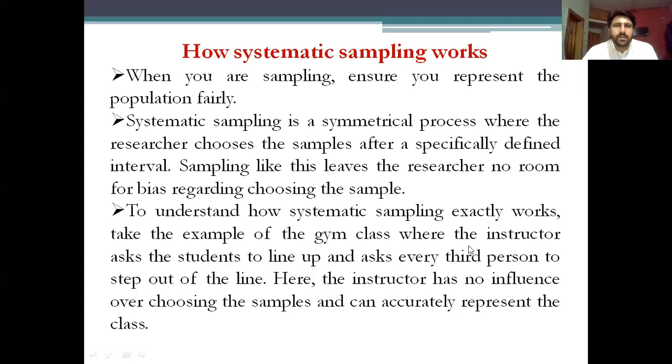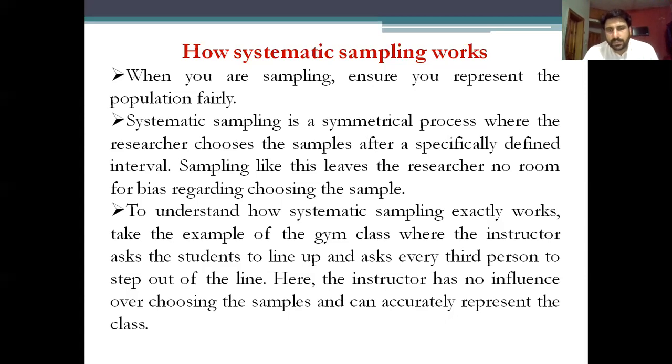Whenever you're sampling, you need to ensure that you represent the population fairly. That's important in any kind of sampling technique. Systematic or mixed sampling is a symmetrical process where the researcher chooses the samples after a specifically defined interval, and sampling like this leaves the researcher no room for biasness regarding choosing the sample.